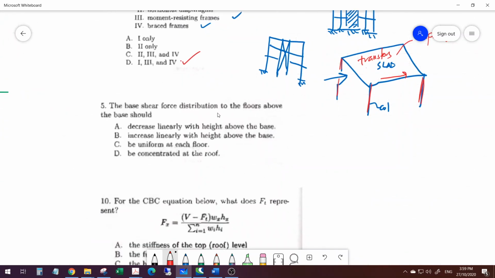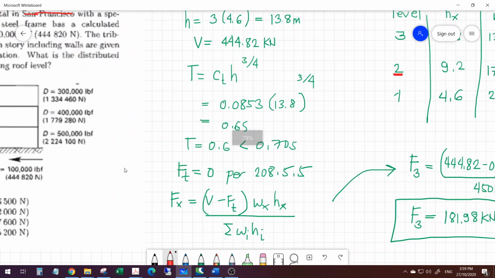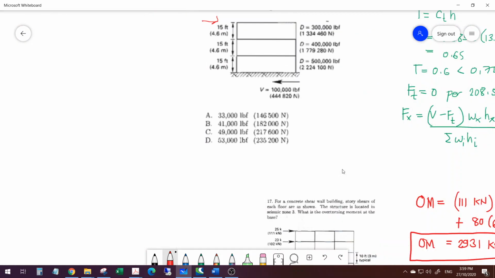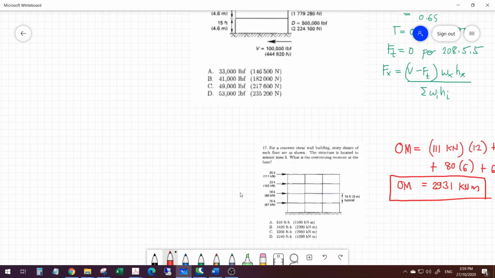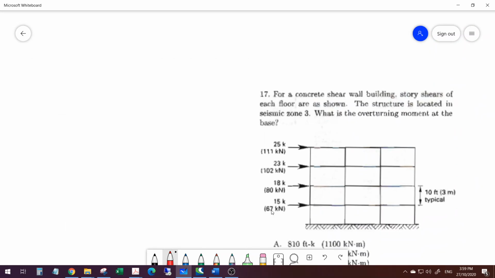The base shear force distribution to the floors above the base should A decrease linearly, B increase linearly, C be uniform at each floor, or D be concentrated. Let's see the previous problem. What do you notice in this distribution of lateral force? 67, 80, 102, 111.